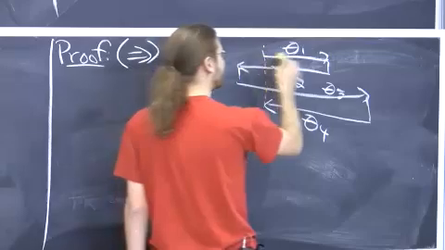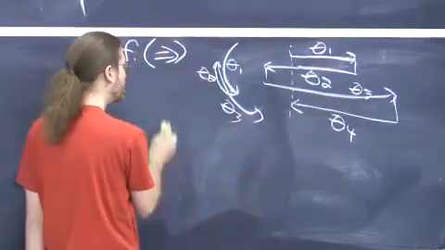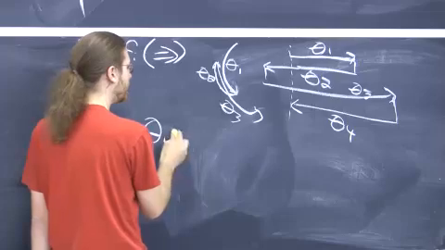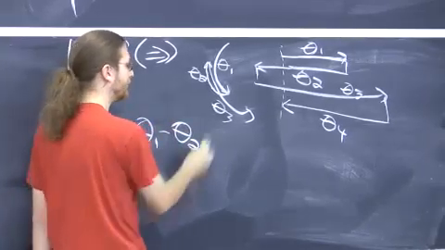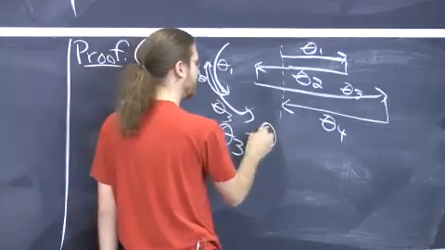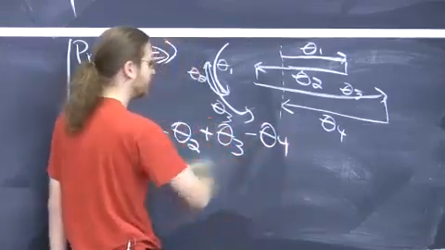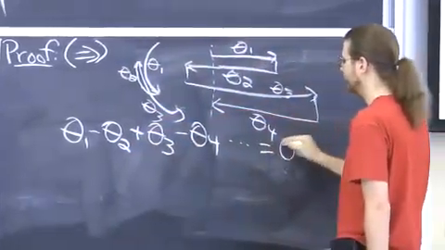So how much total travel do we do in a signed sense? How much do we go right? Well, we go theta 1 to the right. Then we go theta 2 to the left, which is like going negative theta 2 to the right. And then we go theta 3 to the right. Then we go negative theta 4 to the right. And you add up this alternating summation, that must equal 0.